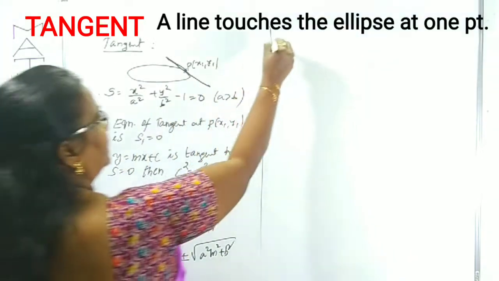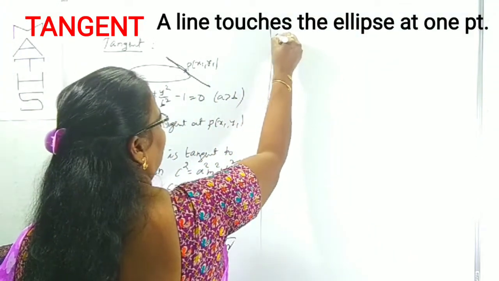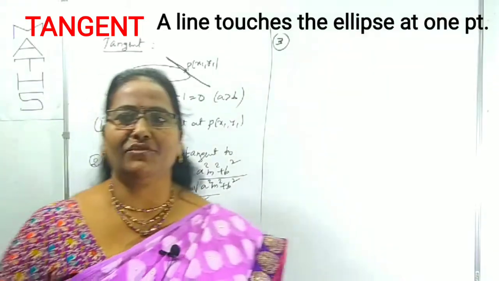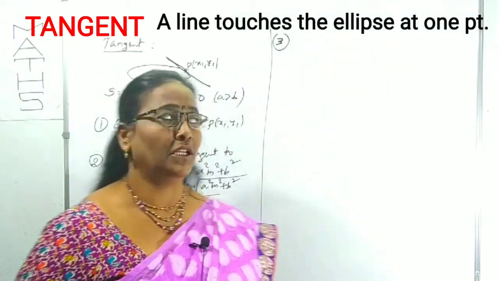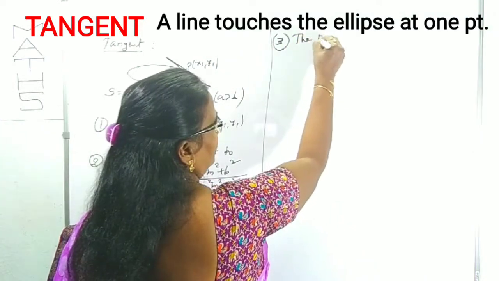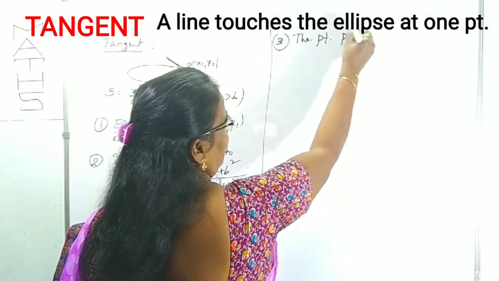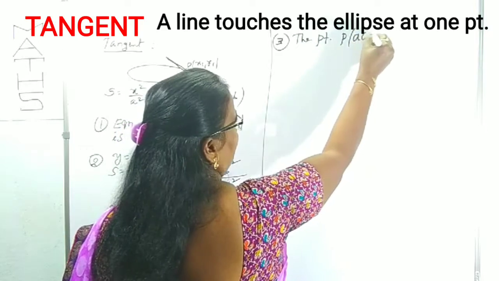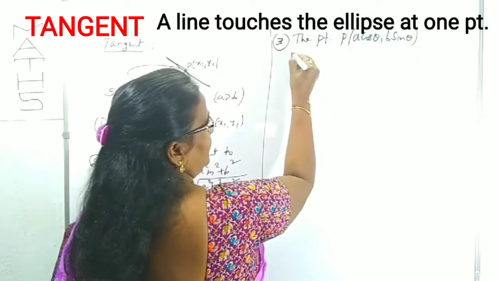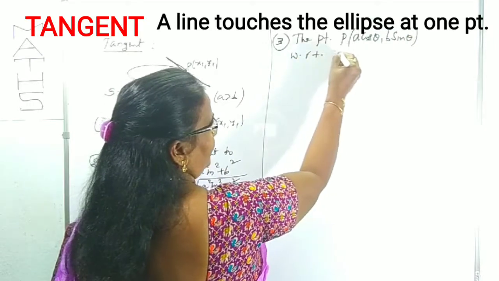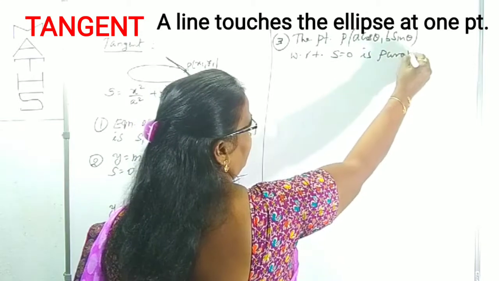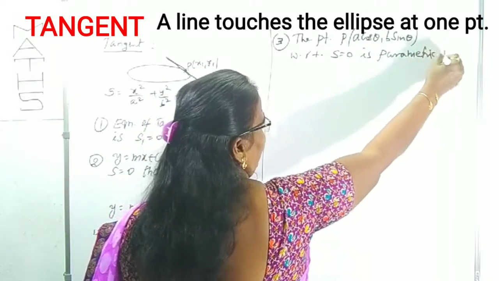Now, not only will he ask the equation of tangent at the point and the slope, he may ask the equation of tangent at a parametric point. You know what is a parametric point? The point P (a cos theta, b sin theta) with respect to S is equal to 0 is a parametric point.